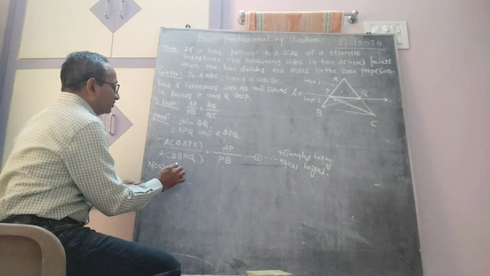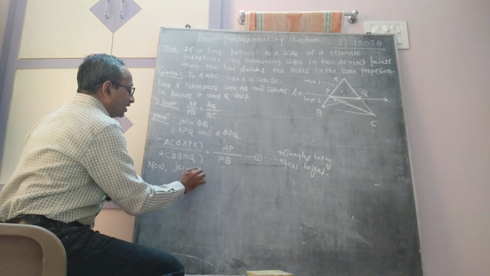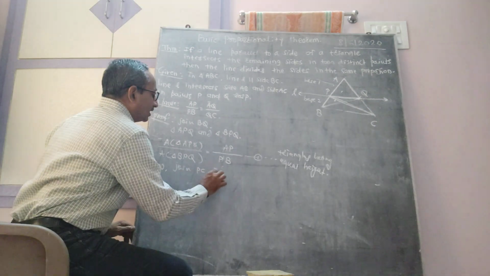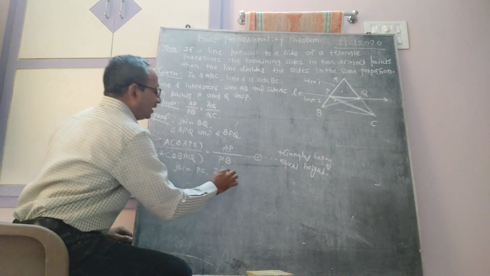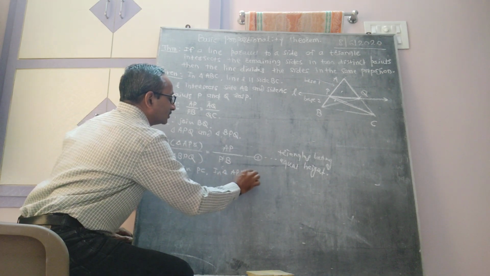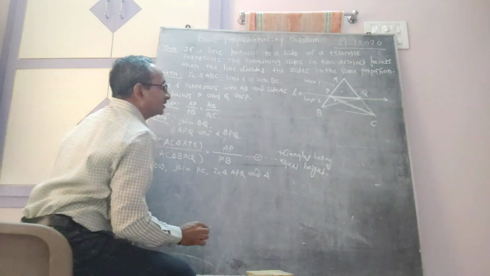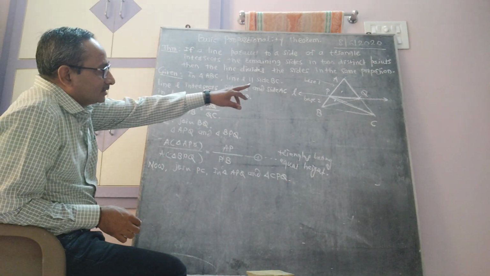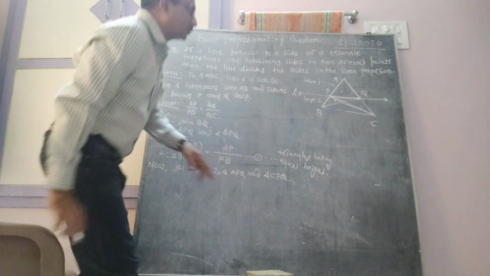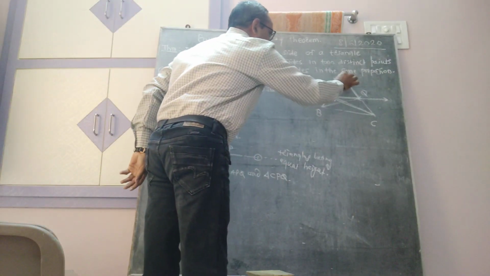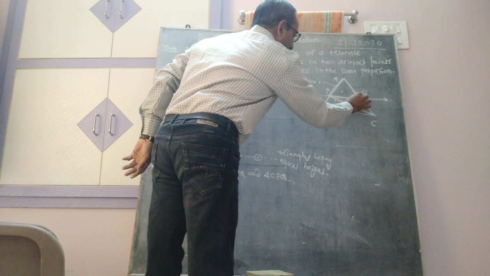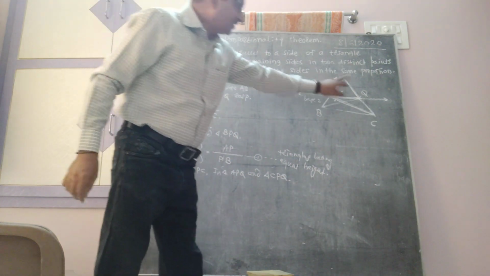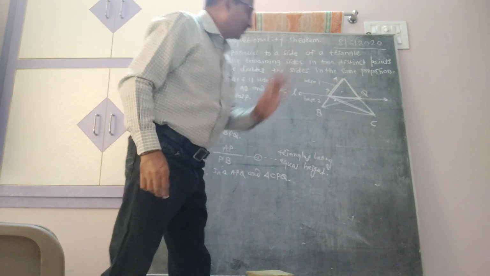So in triangle APQ and triangle CPQ, the height is also the same. In both the triangles, height is the same. Base is different, base first, base second.